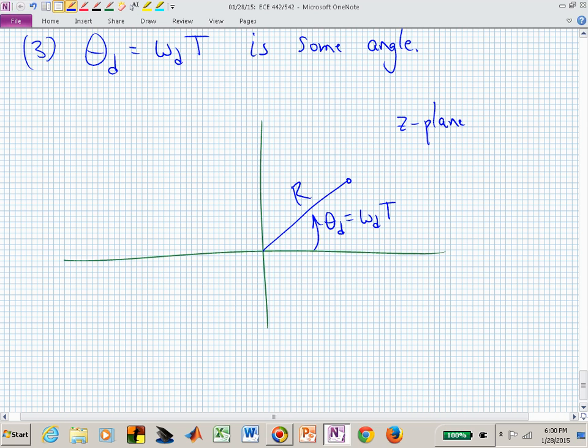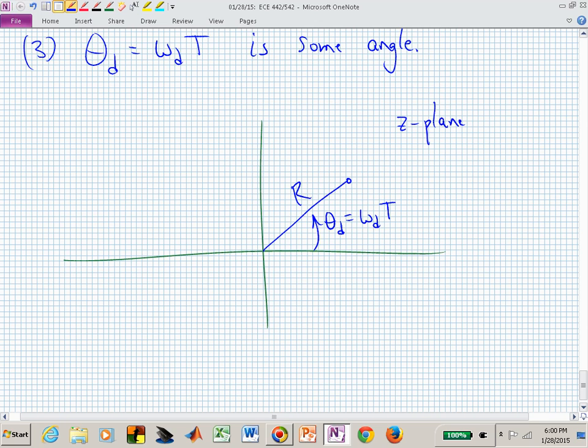Let's say we have a pole on the unit circle. What's going to happen as time evolves? If we raise r to the first power, what happens? What happens to r if it has a magnitude of 1? 1 to the 1 is 1, right? 1 squared, 1. 1 cubed, 1.